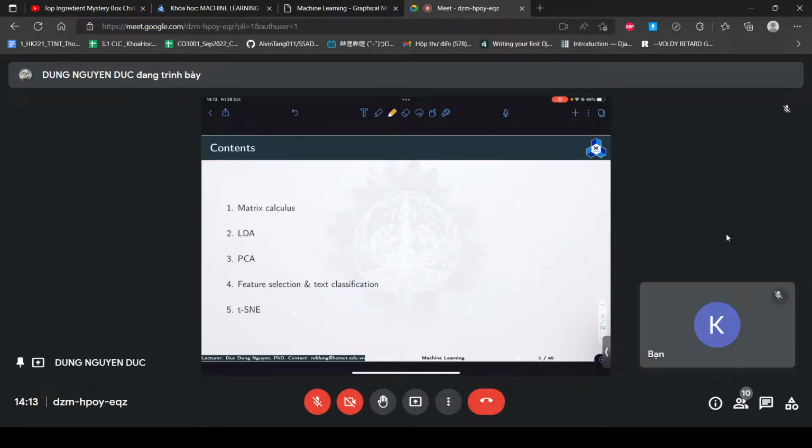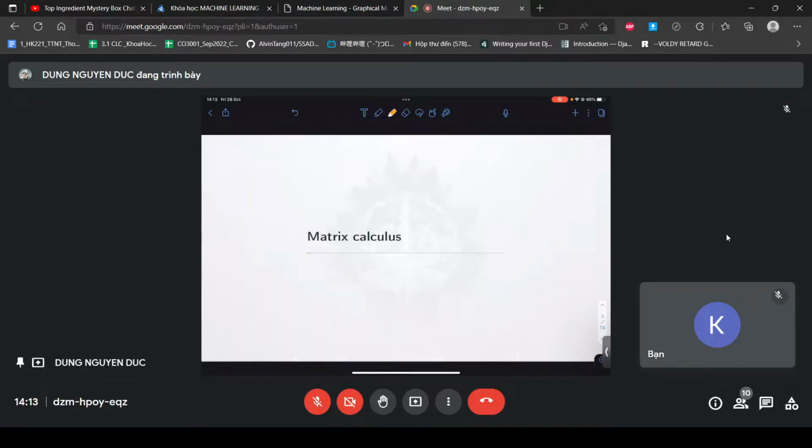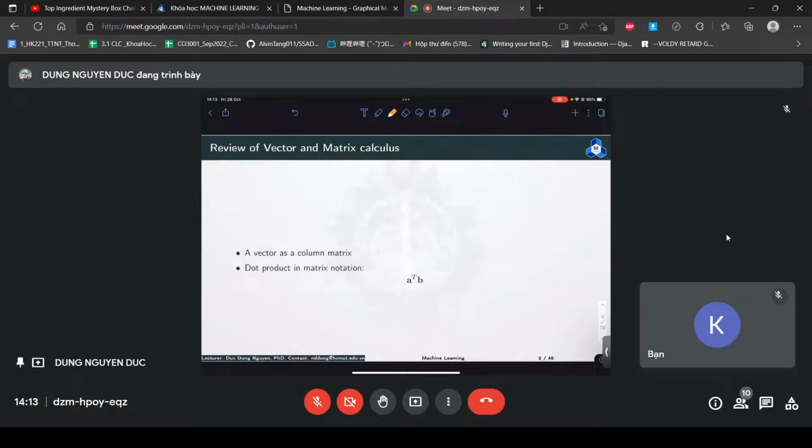Okay, so let's start. I think this part is not hard. It's just something I believe we need to review before we go any further. So let's talk about matrix calculus. You may have heard about the dot product in matrix notation. That's nothing new for you, so I can skip this one.